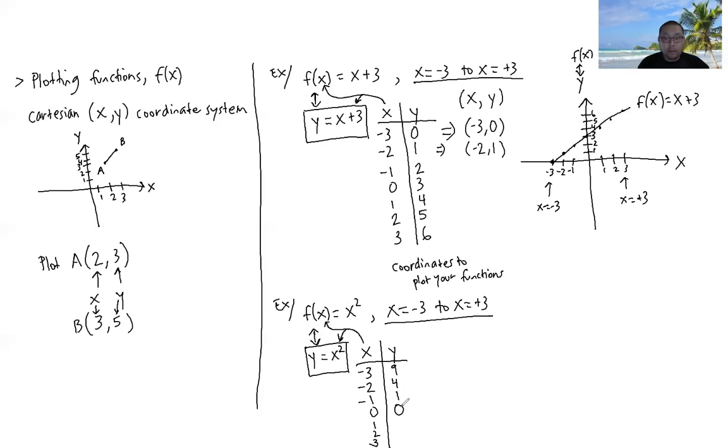And so on: 0 squared is 0. 1 squared is 1. 2 squared is 4. 3 squared is 9. From here, these are now our points that we're going to plot. (-3, 9), (-2, 4). I'll write out the first one in case it's easier to understand: (-3, 9), (-2, 4), and so on.